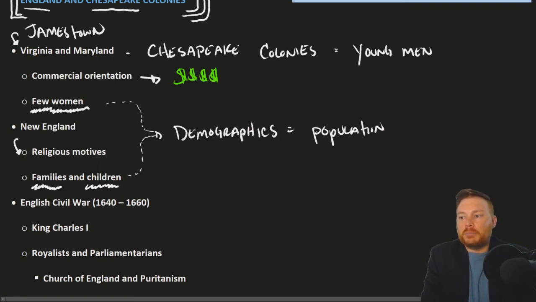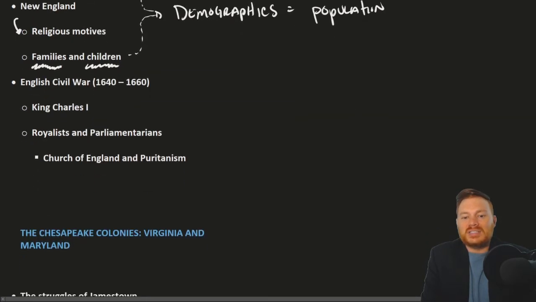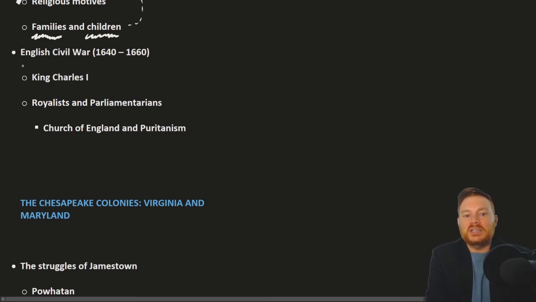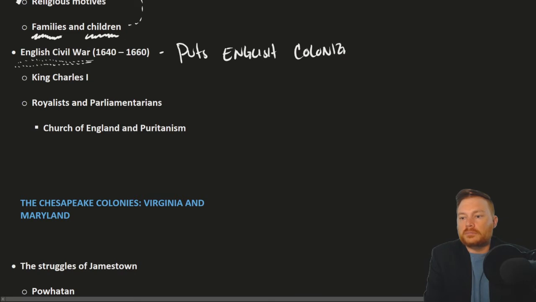Now, an event that puts English colonization on hold breaks out in the 1640s, and that's the English Civil War. If you were studying English history, you'd go into much more detail. But for its impact on the New World, all we need to know is that it puts English colonization on pause.